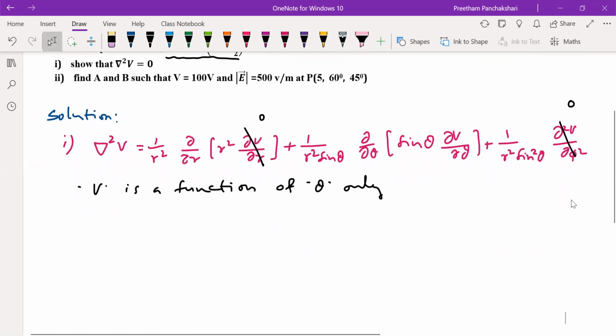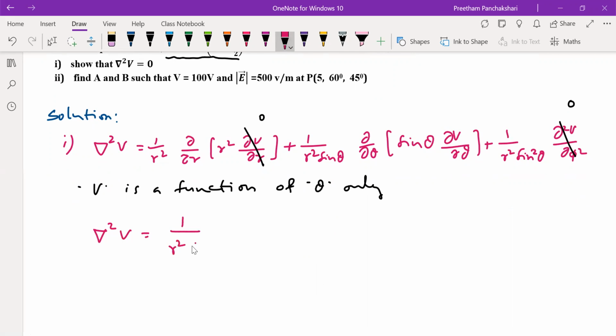So del square V now becomes 1 by r square sine theta, d by d theta of sine theta into dV by d theta. Since there is only one variable theta, no partial derivative is required.